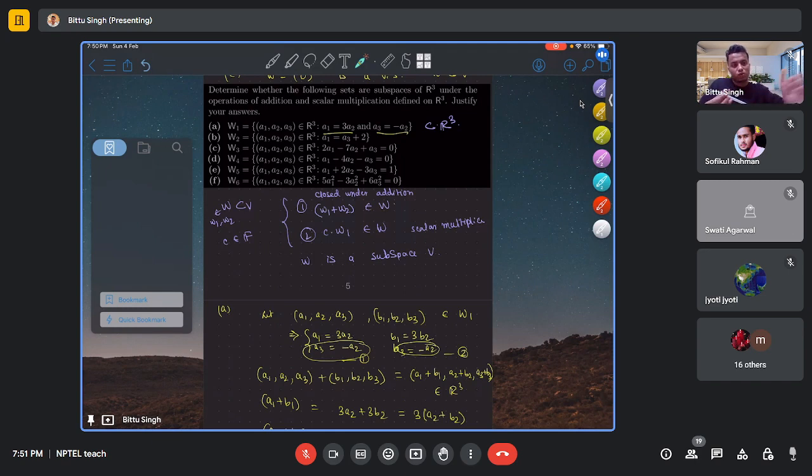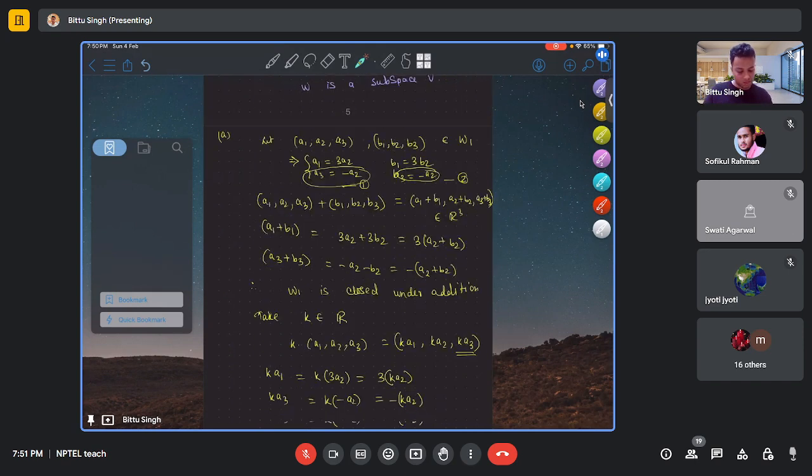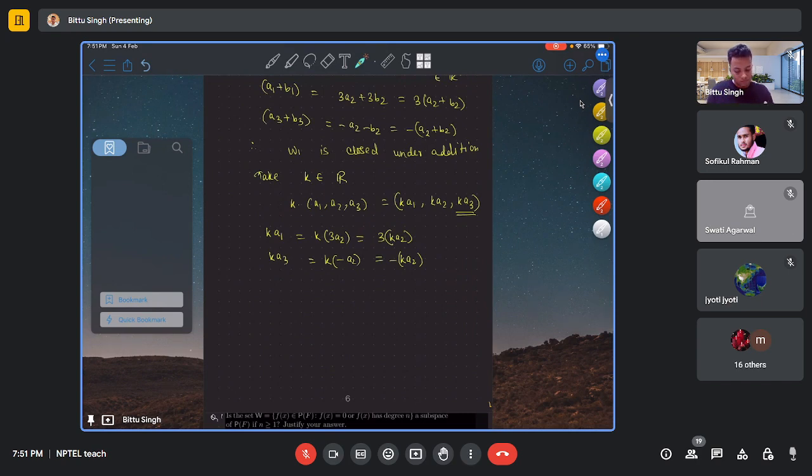Then the addition of those two vectors must lie on the same plane. And if you stretch the vector, it also must lie on the same plane. This is the geometric interpretation. And we see that it is working. Therefore, W1 is closed under scalar multiplication.